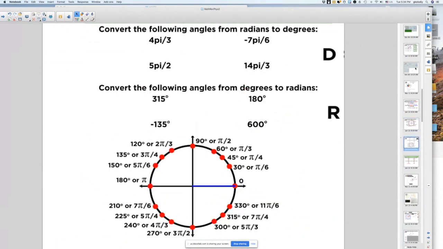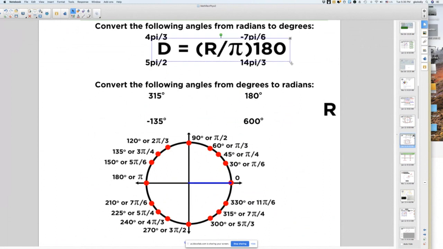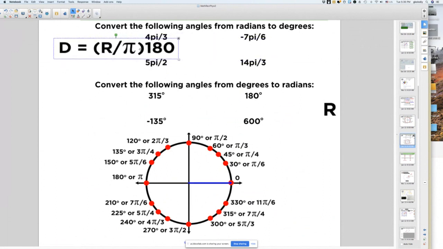So let's see, using the formulas, we can convert 4/3 pi into degrees. All right. These are all other ones. Let's just do one. Try to convert 4/3 pi into degrees. Don't forget the formula, it's kind of big here for all these conversions.